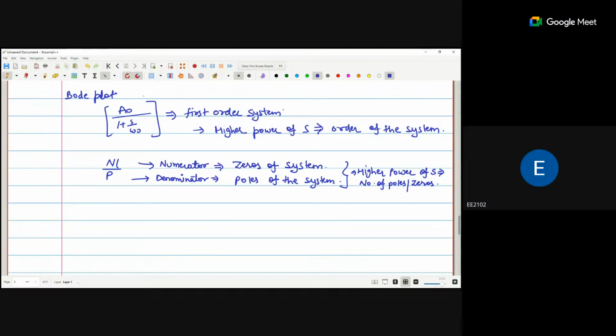If the highest power of S is in the denominator, it shows the number of poles. Basically, the number of poles or zeros defines the order of the system.